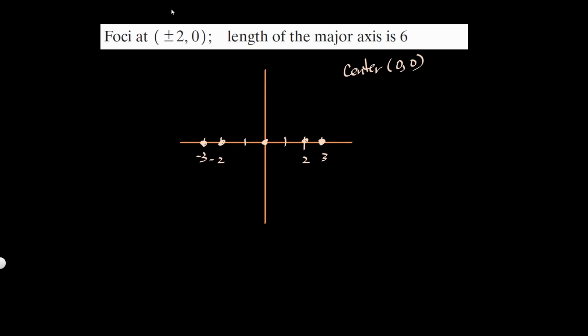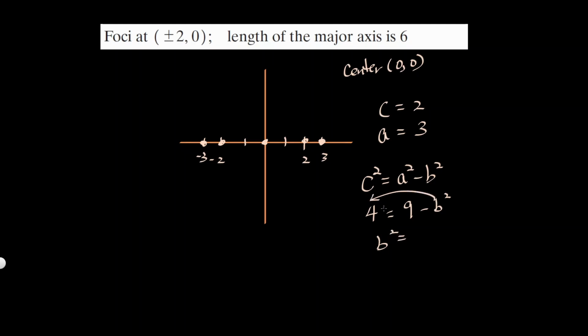Okay. Now, what else we got? Oh, C, we know it's how far the focus is away from the center. So C is going to be 2. And then A is how far the vertex is from the center. So that's going to be 3. So we got C squared is equal to A squared minus B squared again. So C squared is 4. A squared is 9 minus B squared.